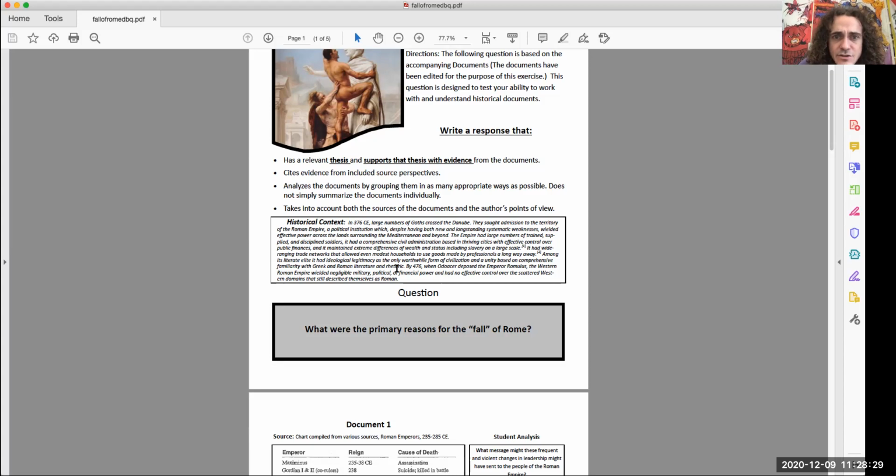It says historical context. I'm not going to read that part, you can do that on your own. Sorry, I missed a bullet point. It says takes into account both the sources of the document and the author's point of view. So remember, even the documents that we're using for sources still have some degree of bias, or are still putting forth a point of view.